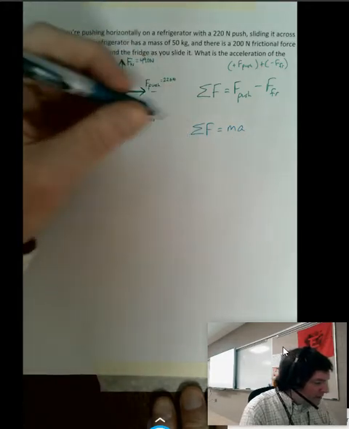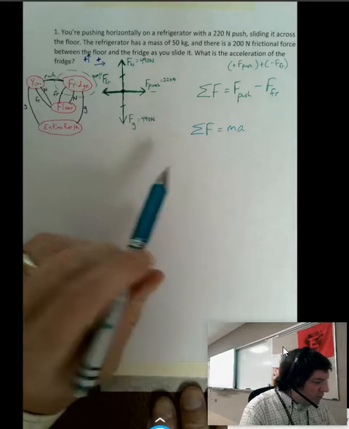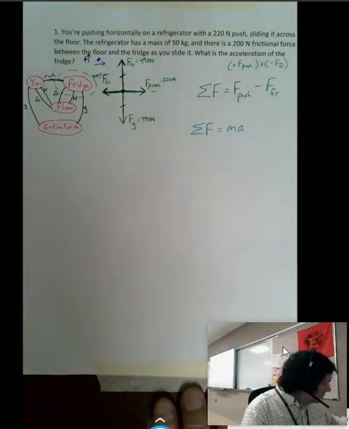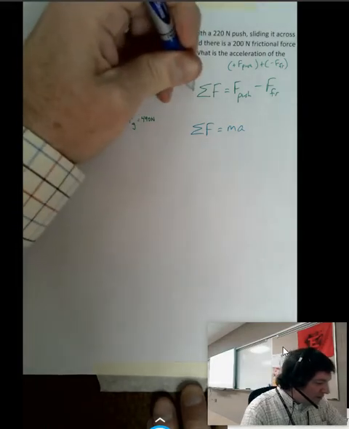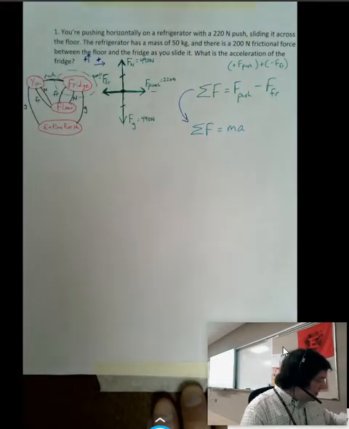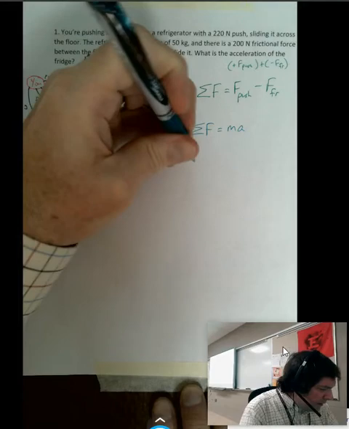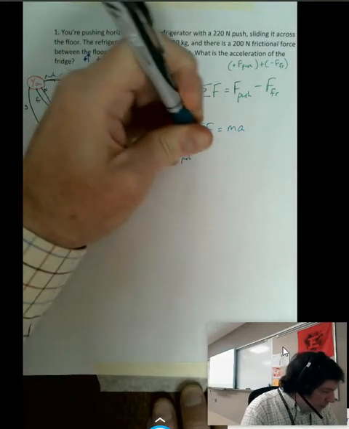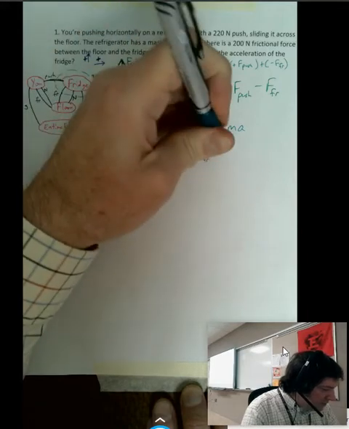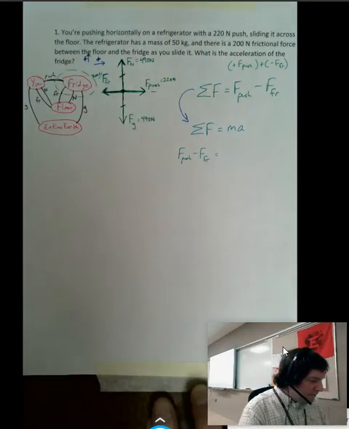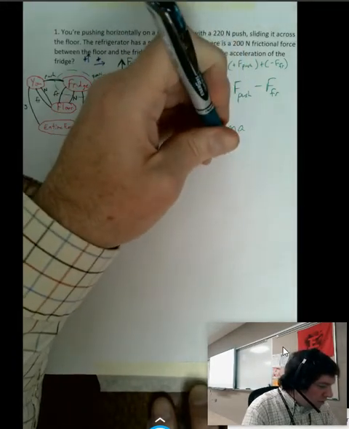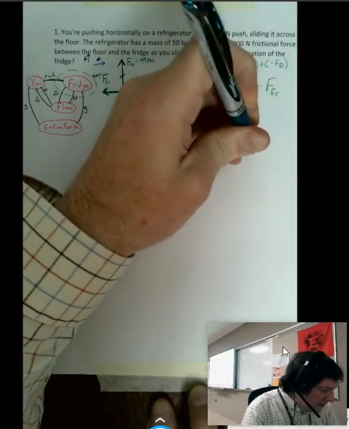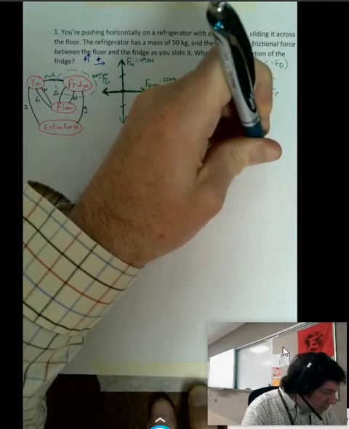So now I can use what I figured out from the free body diagram to make a substitution into that left side of the equation. So I'm going to substitute into the left side of the equation that push minus the frictional force, and that's equal to the mass of the fridge times the acceleration of the fridge.